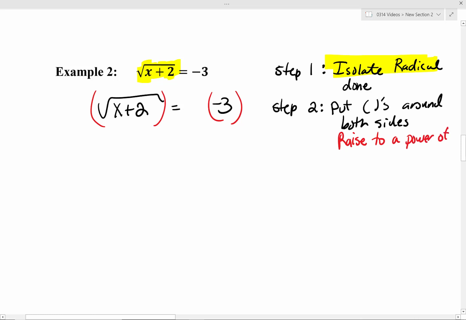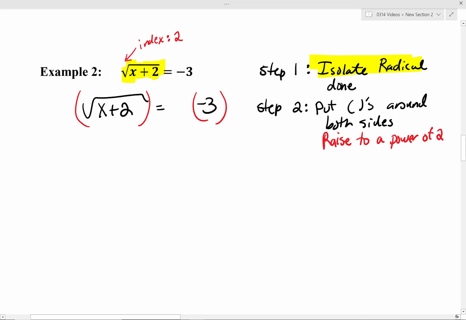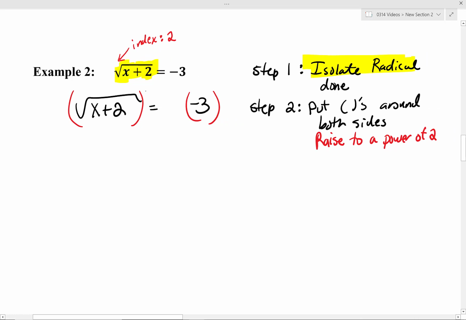In order to know what power we're going to use, we need to find the index of this radical. We don't see a number there in that V-shaped portion, so we know that this is a square root, which means that the index is an implied 2. We're going to use the same power as the number of the index, so we're going to raise both sides to the power of 2.